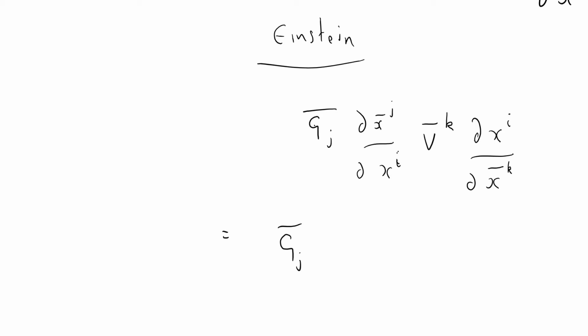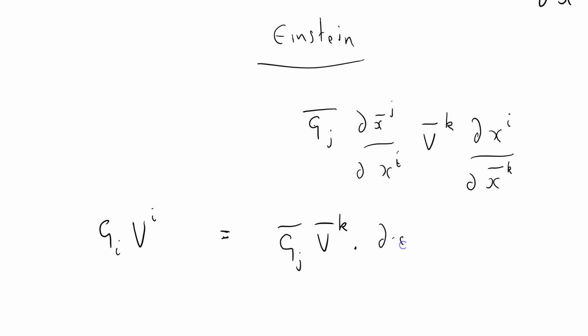So it's as well to be clear about what you are summing over and why you're summing over, but Einstein's summation convention makes everything so much nicer. V̄^K, and remember this is just G_J V^i, V^i, summed over I, which I don't need to say. Times all the other stuff. All I've done is written that down there, this down here.